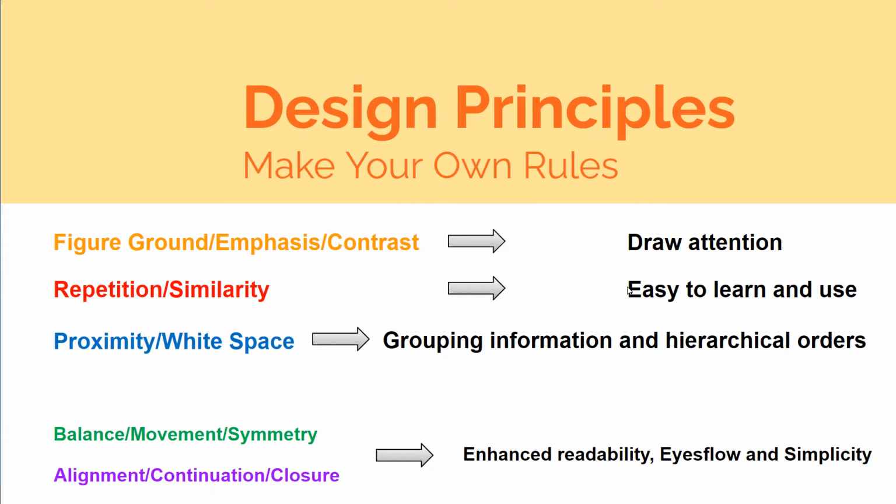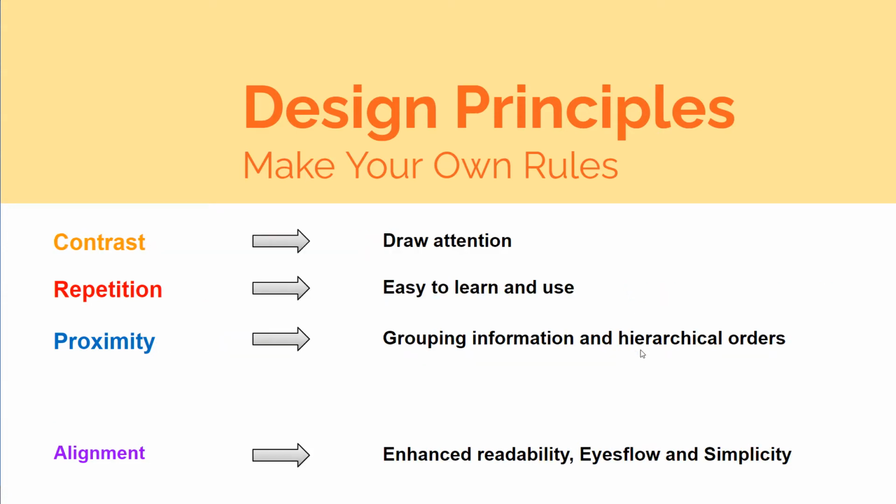And then proximity and white space, of course, is for grouping of the information and creating a hierarchical order. And then balance, movement, symmetry, alignment, continuation, and closure. This is kind of organizing, to help enhance readability, eye flow, and to simplify the information.